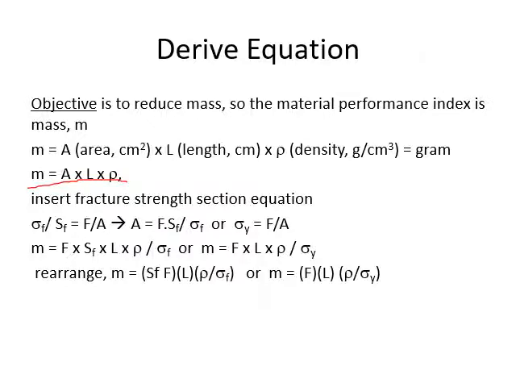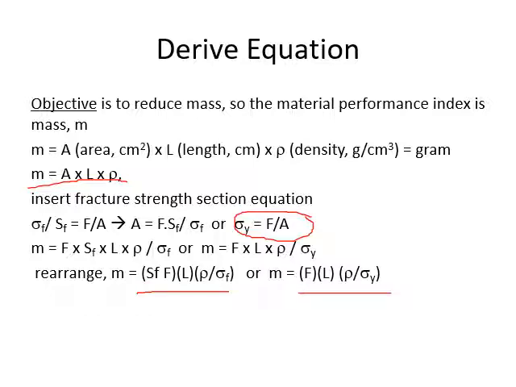Over here you need to insert the fracture strength equation, or you can include the yield strength equation. By rearranging this equation, finally you can get this kind of form.